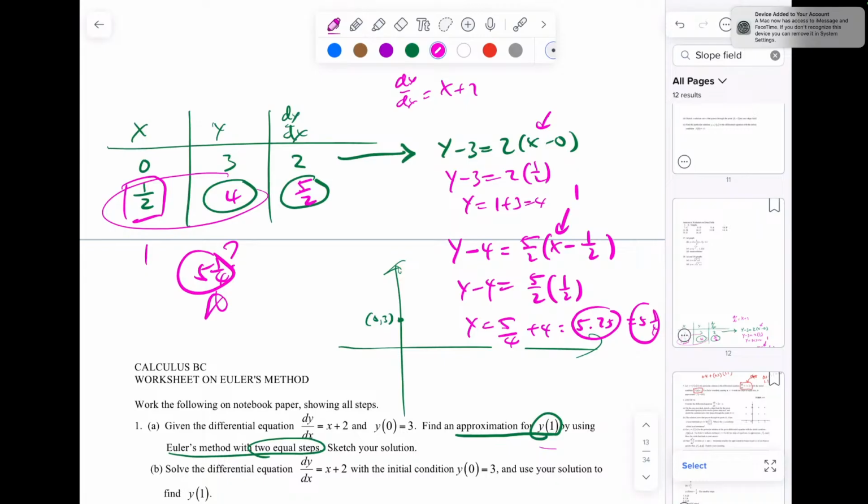Can you use 4 steps? Yeah. You're going to have 0.25, 0.5, 0.75, and use the 0.75 equation to get there. But each one has its own individual x and y values. Yeah, just because this is an approximation.